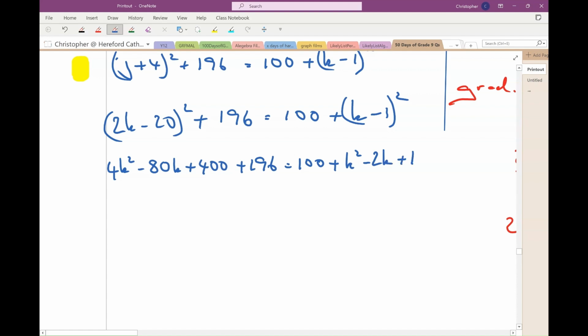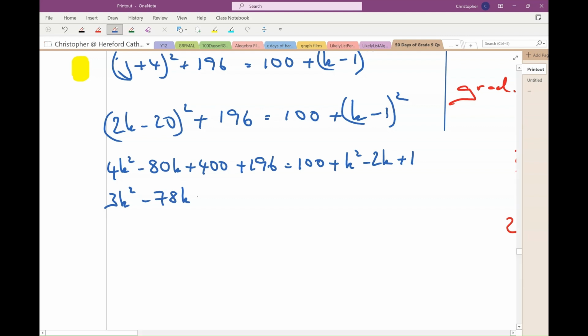Right, let's get everything on the left-hand side, shall we? So on the left-hand side at the moment I've got 4k squared and a minus k squared from both sides. So that's going to give me 3k squared. I've got minus 80k there. I'm going to add 2k to both sides, so minus 78k. Now on the left-hand side there, I've got 596, and from that I'm going to minus 101.